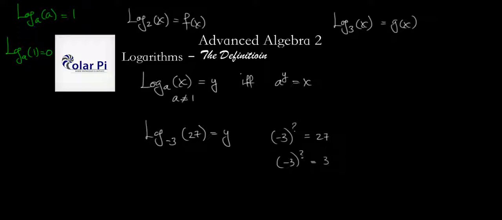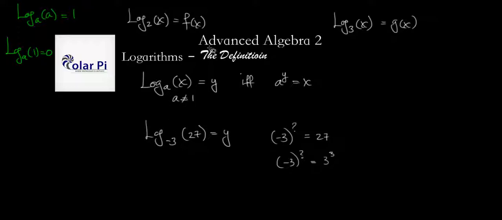Well, 3 to the third. We know that's 27. My bad. So we're saying negative 3 to what power is equal to 3 to the third? No power. There's no way you can raise negative 3 to a power to equal 3 to the third, right? That doesn't make sense. So negatives, and I'm only using one example here, but negatives are not allowed for a base a, right?